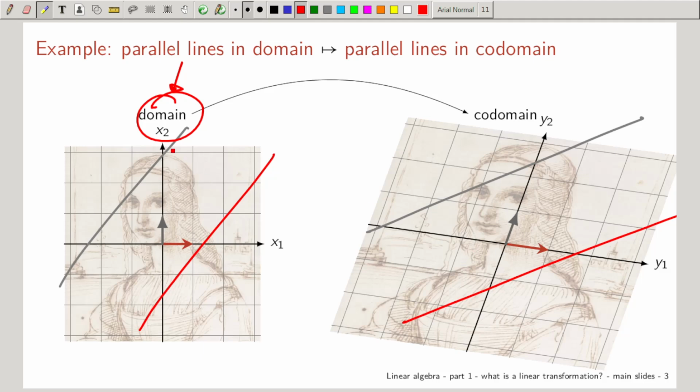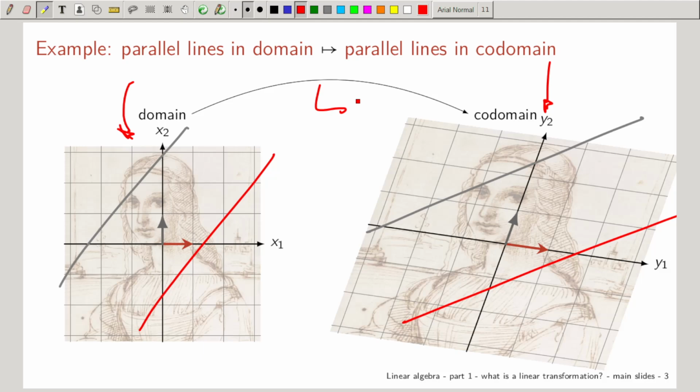I start from objects that are parallel and I end up with objects that are parallel. You see it? Actually, for any couple that I choose here that are parallel, I end up in a codomain where they stay parallel. Do you see it? This is a linear transformation. A linear transformation is a stretching of space that preserves parallelism.